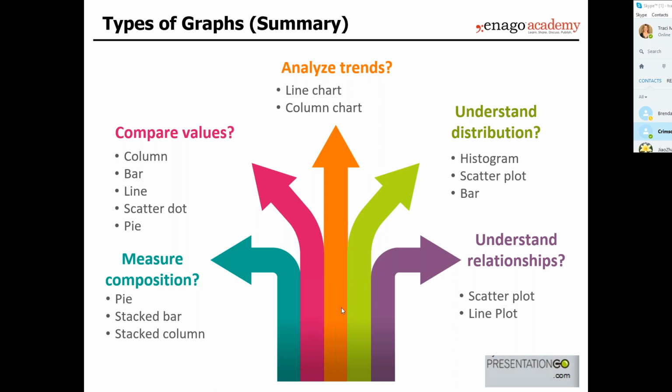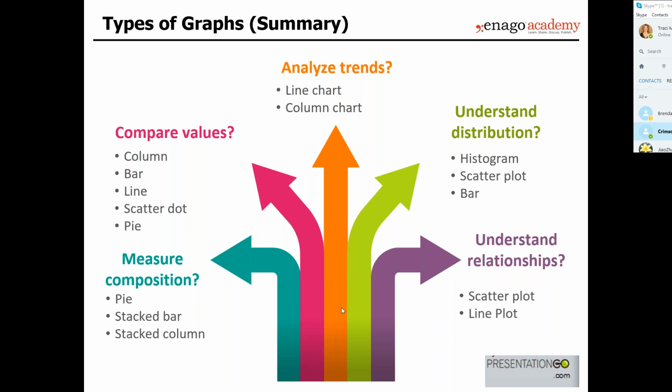If we want to measure composition, for example, how many men versus women were in this data set, then we would use a pie or a stacked bar or a stacked column. If we're analyzing trends, then a line chart or a column chart would also be useful. They allow you to see if a parameter or variable is going up or down relative to the independent variable.